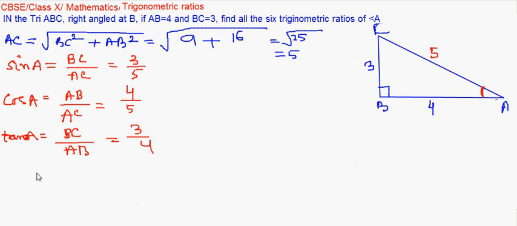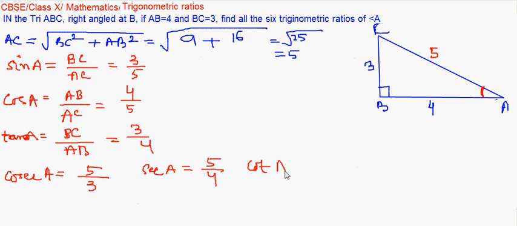Now cosec will just be the reciprocal of sine, so it is 5 upon 3. Similarly, the reciprocal of cosine becomes sec, so it is 5 upon 4. And then cot A becomes 4 upon 3. That was a very simple question. Let us take up something else based on it.